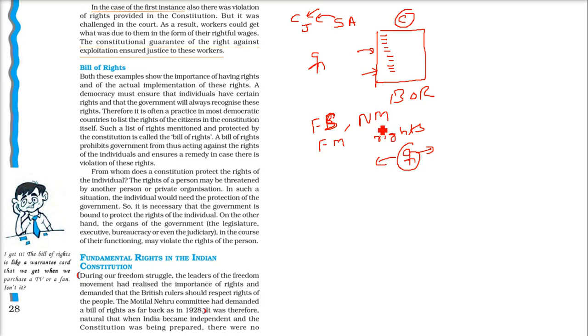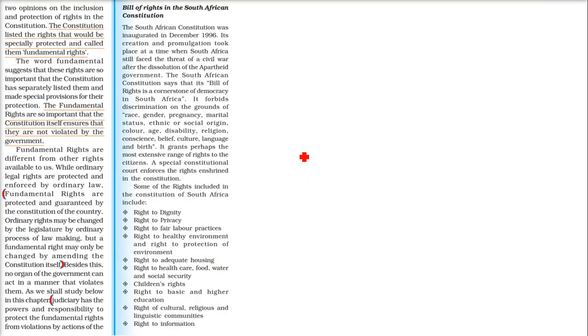So people of this freedom struggle understood this. So Motilal Nehru Sahab and his committee, there was a committee actually, the Motilal Nehru committee had demanded the Bill of Rights in 1928. It was far back, you know. They came up with this idea that rights are very important for any individual of the country. So then what happened?